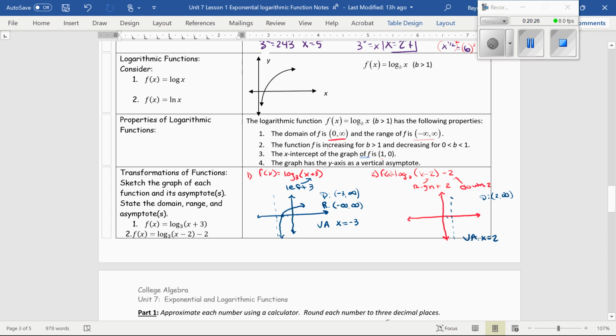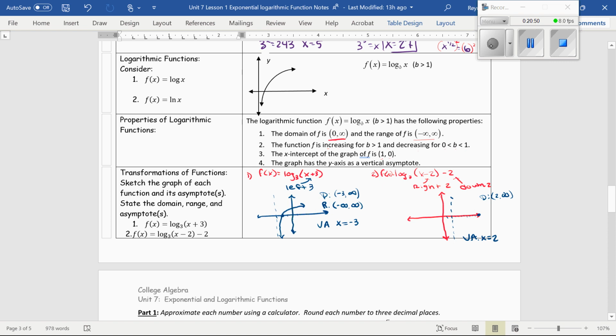Let's see here. We can never take the log of 0 because you don't have anything you're raising to a power to get you 0. This one actually crosses 6, 7, 8, 9, 10, 11. Way over here is where this one crosses, and I'm getting that just from a graph. Just graphed it.